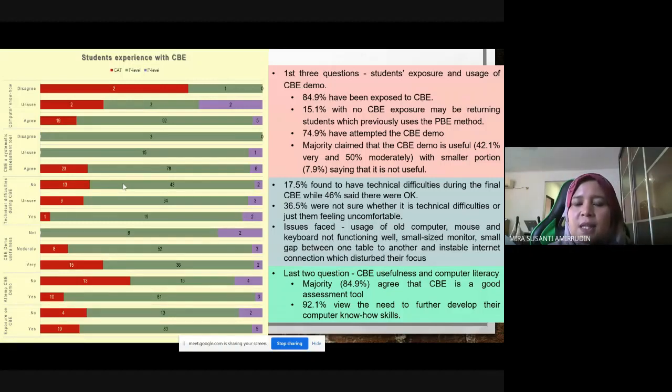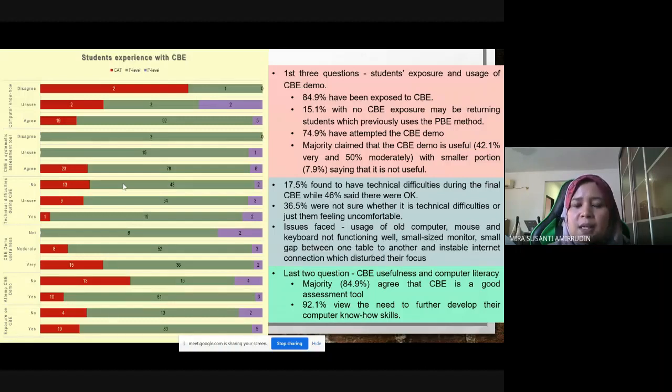The majority claim that the CBE demo is useful because it mirrors the real exam. 17.5% found they had technical difficulties during the final CBE, while 46% said they were okay. 36.5% were not sure whether it was technical difficulty or just them feeling uncomfortable.